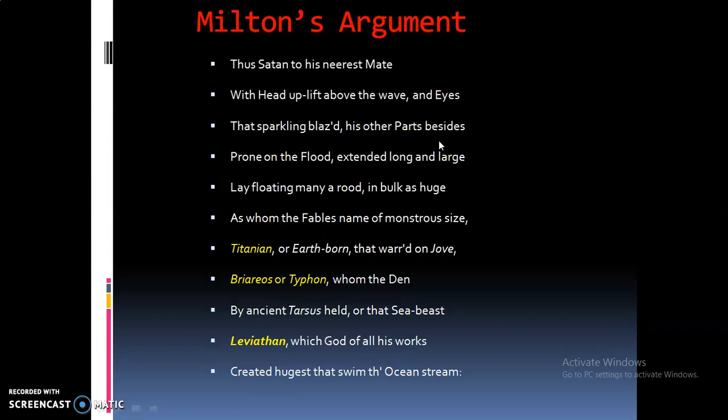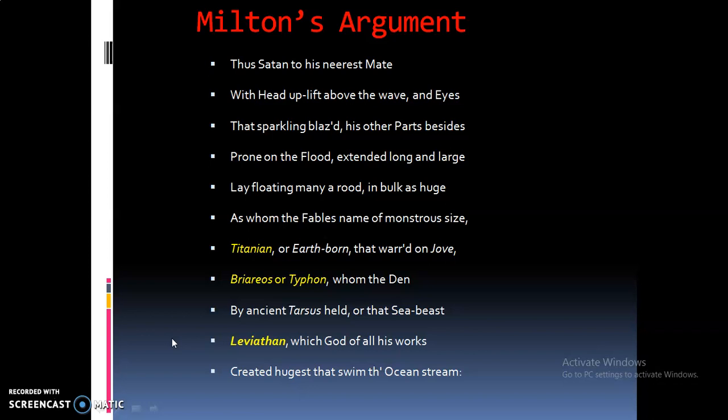So this is what Satan said to his nearest comrade, Beelzebub, with his head lifted above the waves and eyes that shone widely, while the rest of his body lay prostrate on the lake, and it extended far in size, as large as any creature of abnormal shape, as mentioned in the mythology of the Titans, the race that fought with Jove, Briareos. So here Satan's size is described.